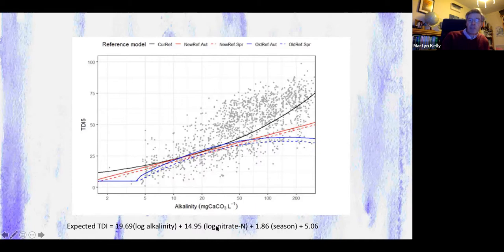And we've included nitrate in the equation, but when we're predicting reference, we would set nitrate to a background concentration, so typically 0.1 milligram per litre. And once again, we've got a small effect of season, which doesn't make a huge difference to the equation, but it's an easy variable to include, so it's still there.